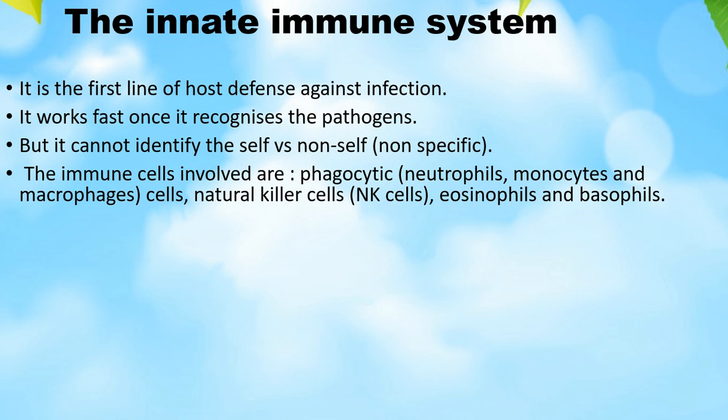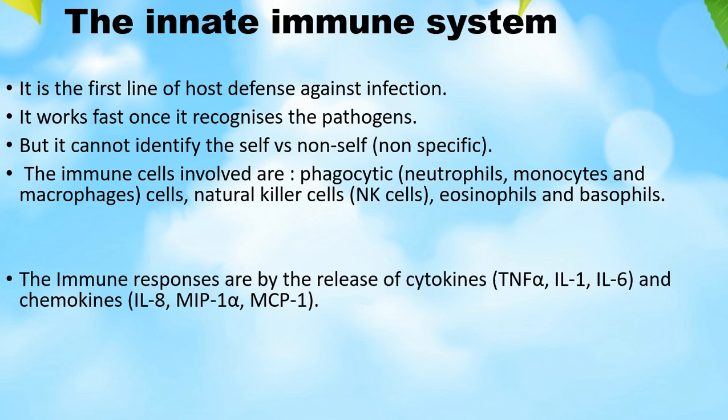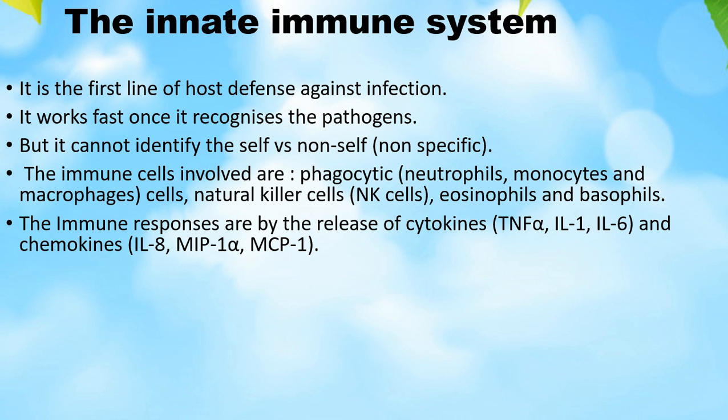Phagocytes are neutrophils, monocytes and macrophages. Natural killer cells are eosinophils and basophils. The immune response is by the release of cytokines and chemokines. So when the antigen comes to our body, it responds by the release of cytokines and chemokines.